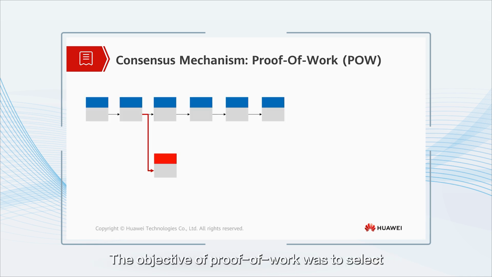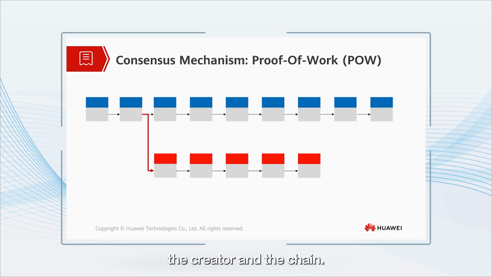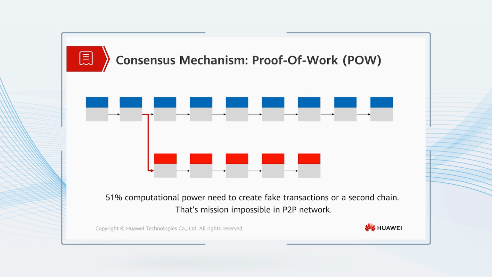The objective of proof of work was to select the creator and the chain. The longest chain is most believable as the valid one because it has the most computational work done to generate it. In blockchain network, it is nearly impossible to create new blocks that erase transactions, create fake ones, or maintain a second chain.